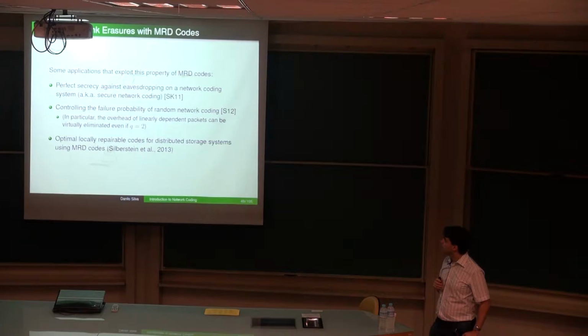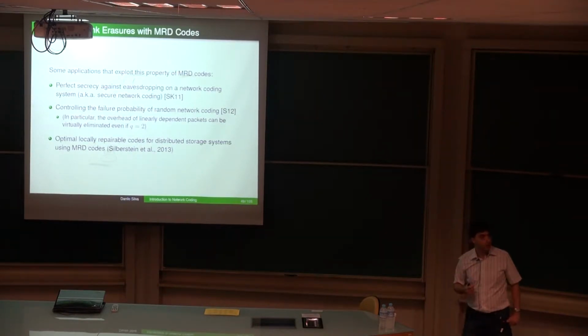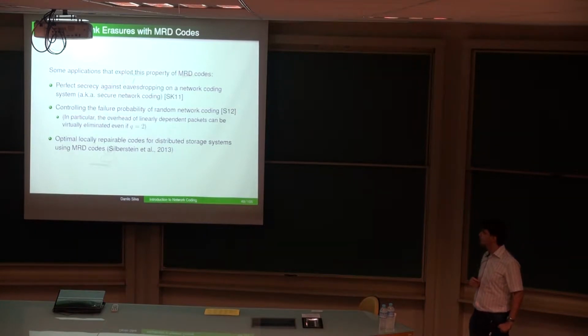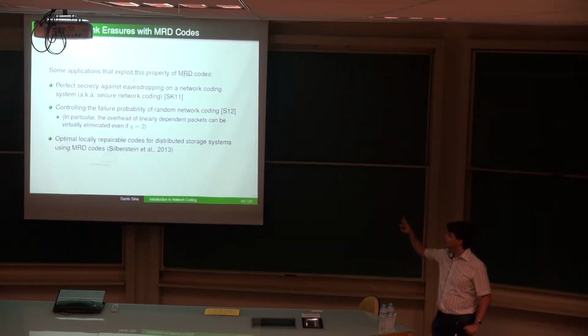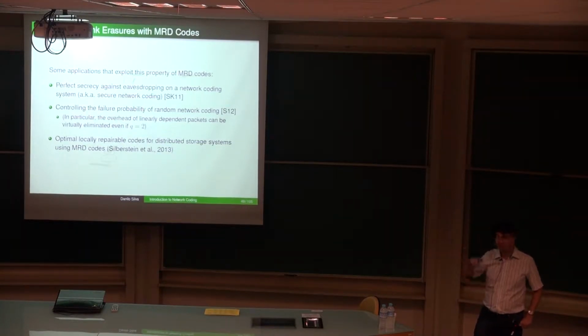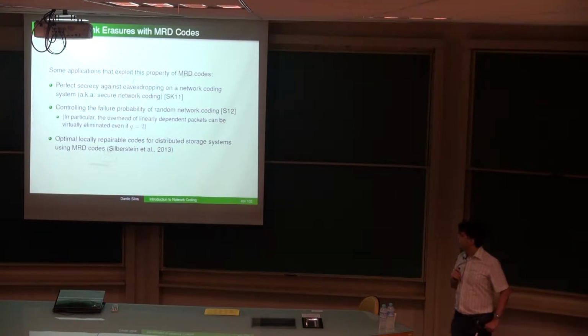So this property is very useful and has been used in many applications of MRD codes. I'll just mention some of them. One is to achieve perfect secrecy against an eavesdropper in a network using network coding. It's probably not easy to see how you would get this secrecy from this property, but it's possible.